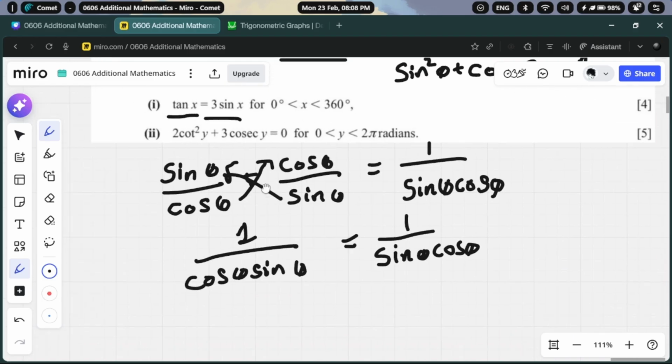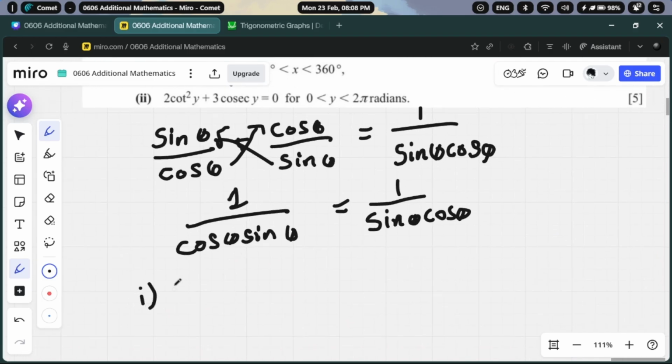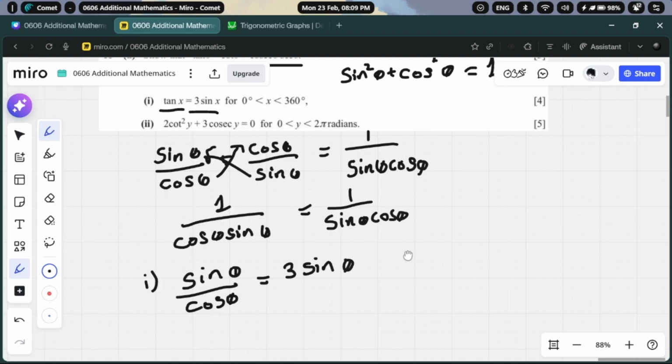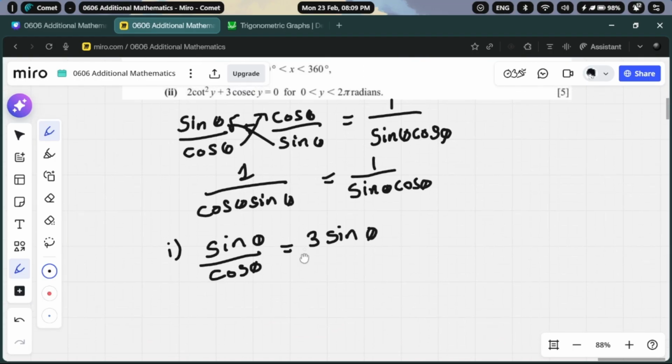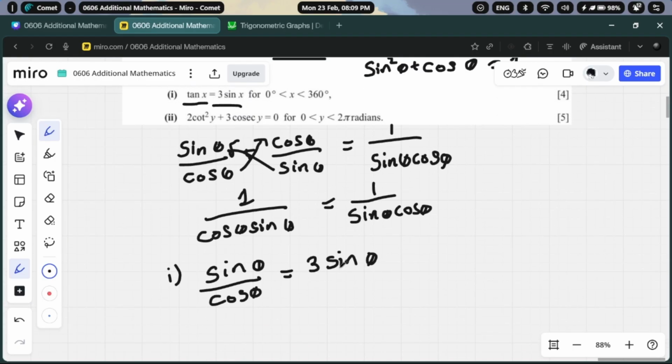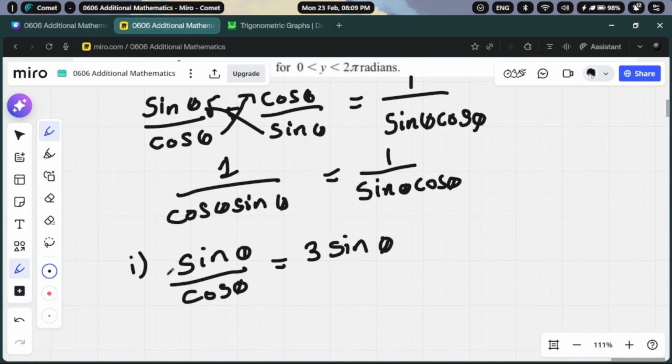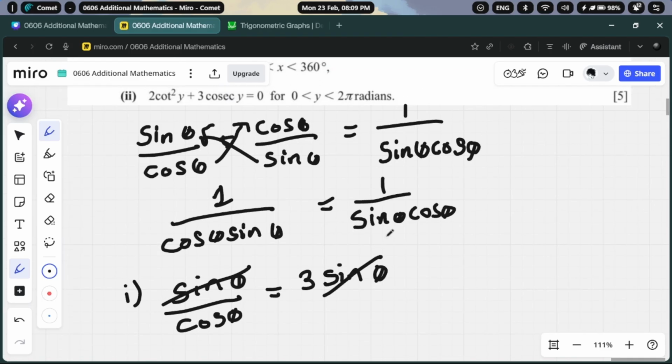So first of all, let's just write this over here as sine theta over cosine theta equal to 3 sine theta. Now, the minute people see sine theta and sine theta on the first step, they would probably go, "Hey, let's cancel these two parts."